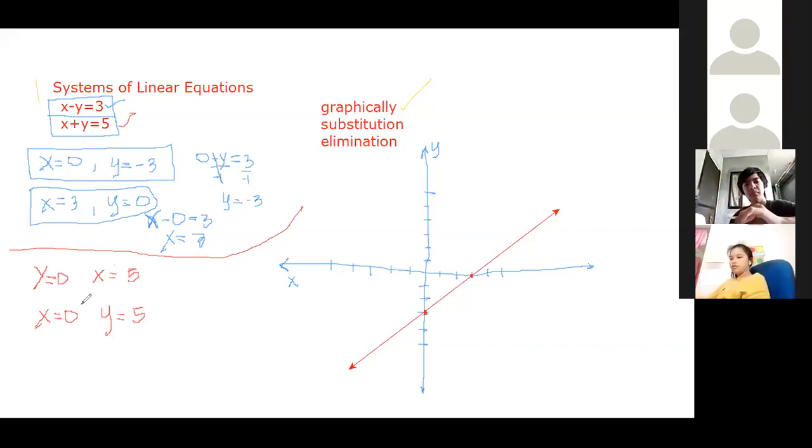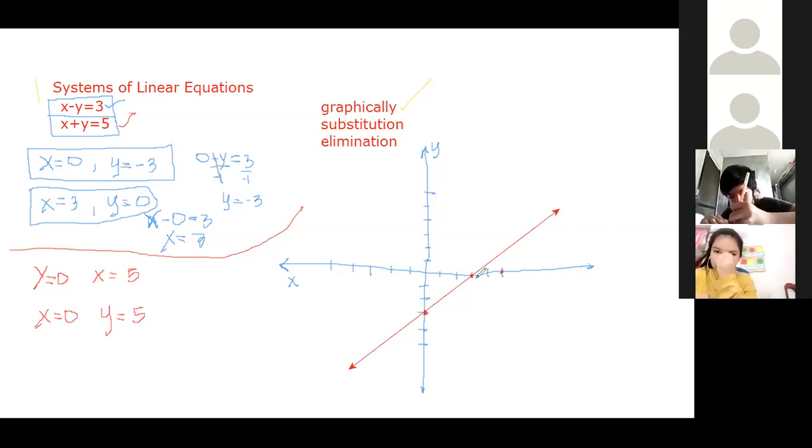And then plot na natin. If x daw is 5, y is 0, so y is 0 dito yung banda. Then x is 5. So 5. 1, 2, 3, 4, and 5. So somewhere here, x is 5. So somewhere here, at this point, okay?